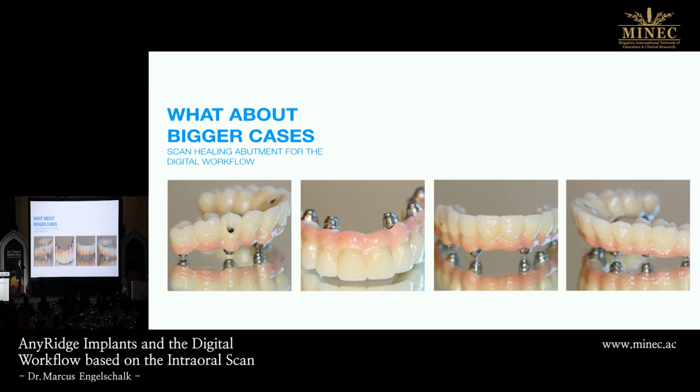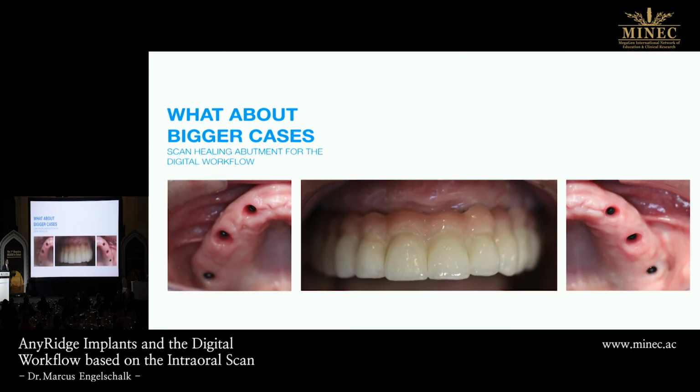Because in these cases, I wasn't able to augment in the height, so we used pink porcelain. It's not so ugly, I would say. I can recommend it to you sometimes because it's better than to have white teeth like this. And in the mouth, it's looking like this. So this is something the patient can live with.